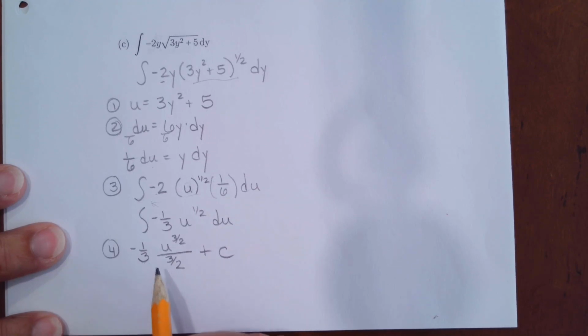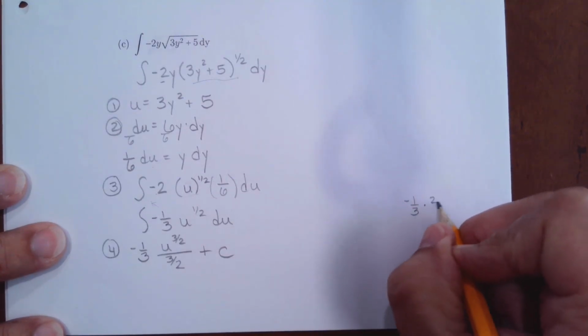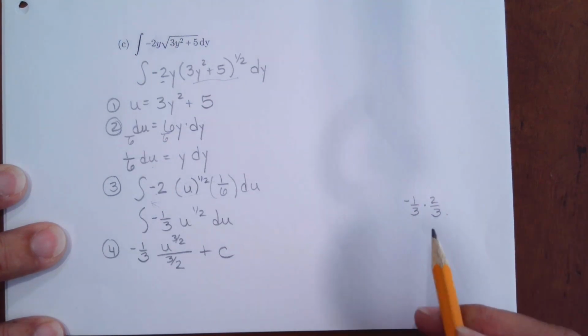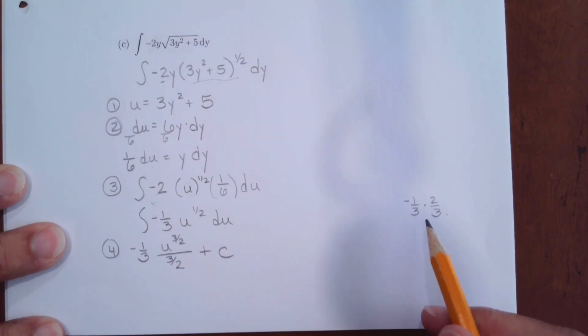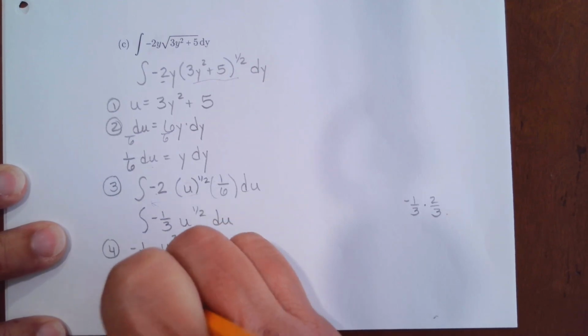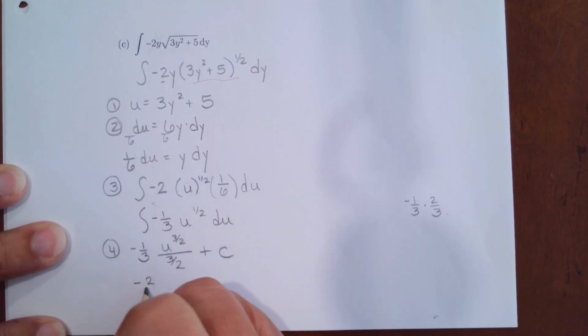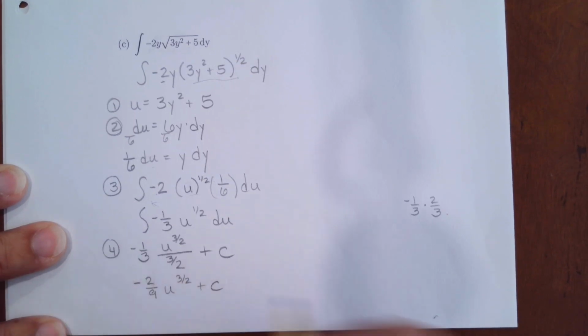Negative 1/3 divided by 3/2 is the same thing as negative 1/3 times 2/3. When you divide by 3/2, you're multiplying by the reciprocal. So that gives you negative 2/9 u to the 3/2 plus c.